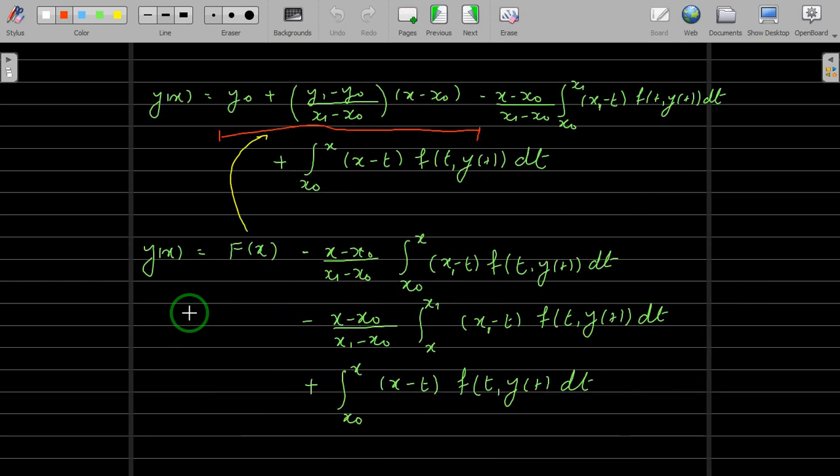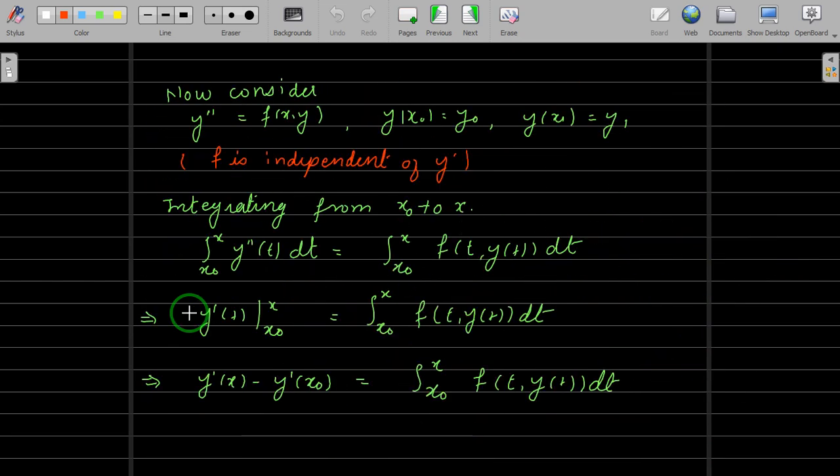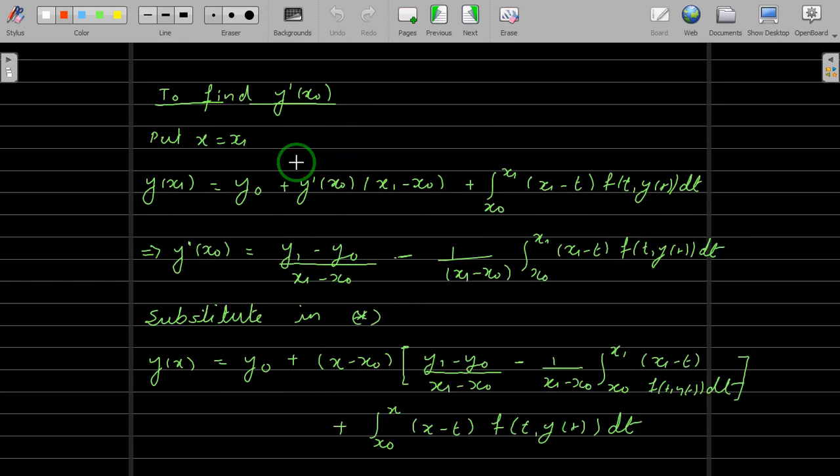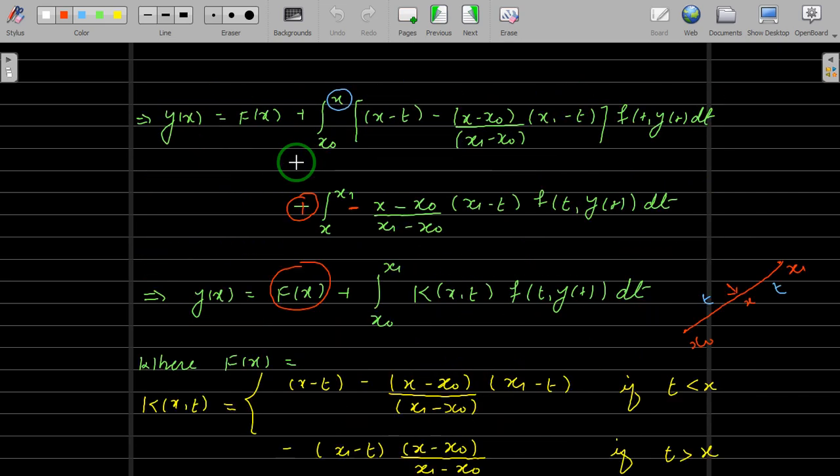But one thing to remember here is that f is independent of y dash. You can check the function y dash in f and see what respective changes we can make. I feel that is more than enough.